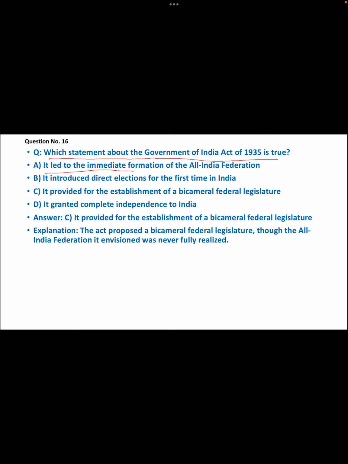A, it led to immediate formation of All India Federation; B, it introduced direct election for the first time in India; C, it provided for the establishment of bicameral legislature in India; D, it granted complete independence to India. This is incorrect. It was only the Government of India Act 1947 which talked about some sort of independence, but not 1935.